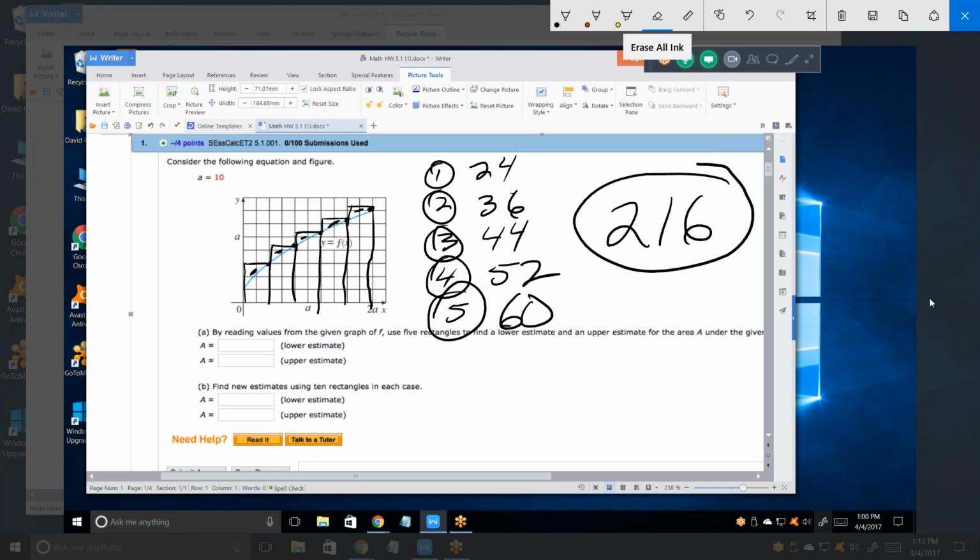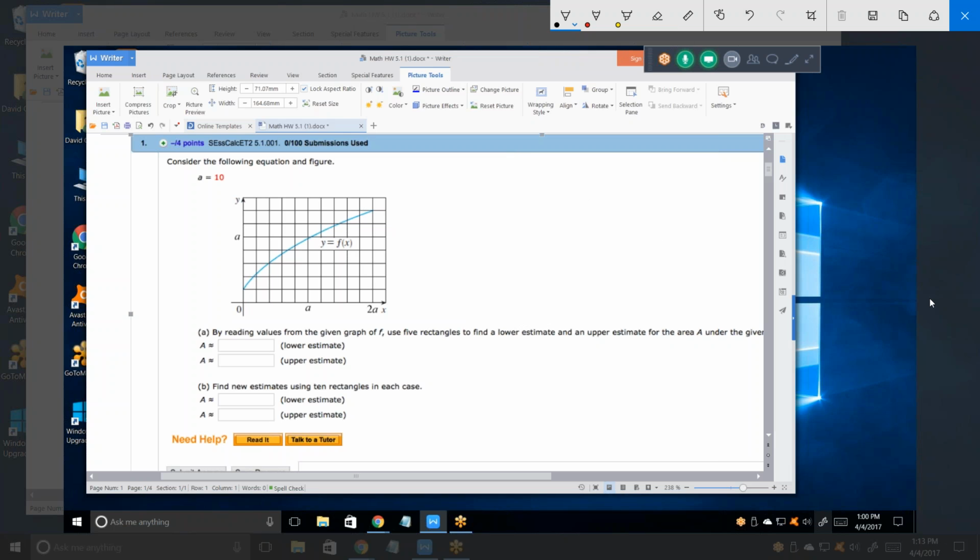For example, if I had a curve that was decreasing like that, and I use left RAM, I overestimate it. Whereas if I use right RAM, I'm underestimating it. So which one is over and which one is under changes depending on whether your curve is increasing or decreasing.